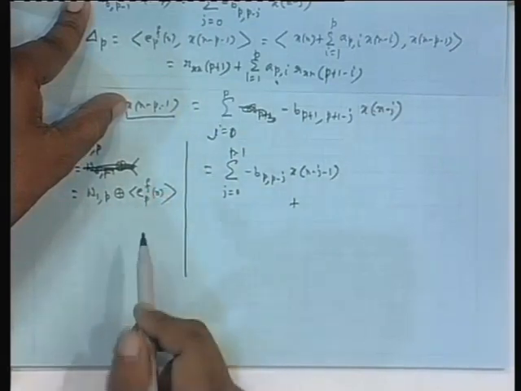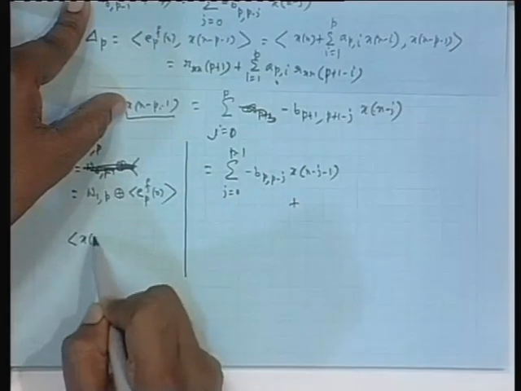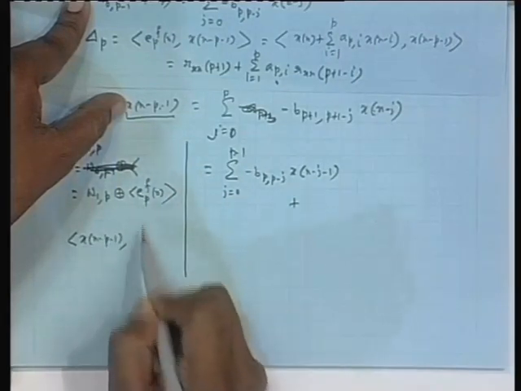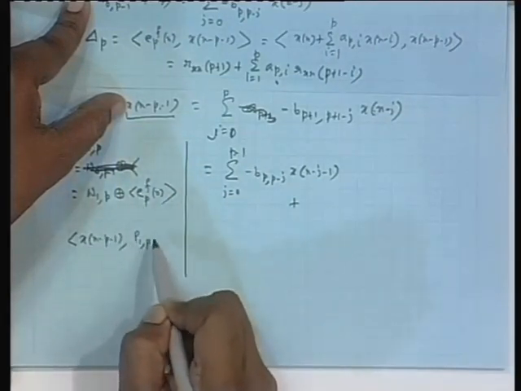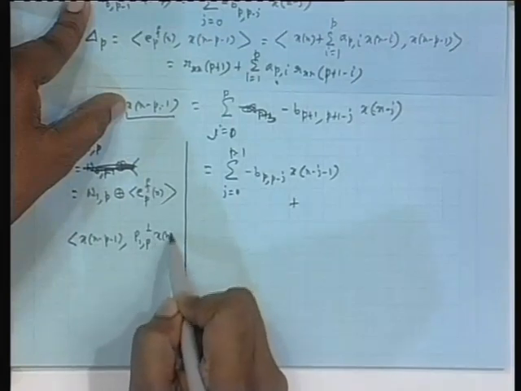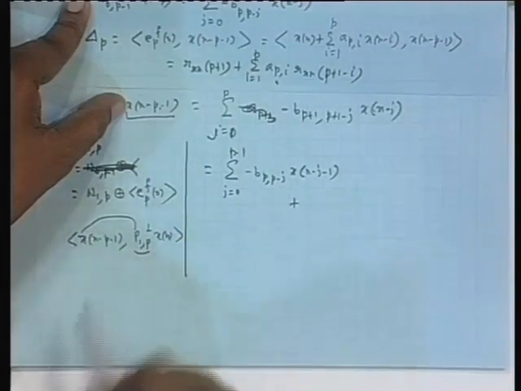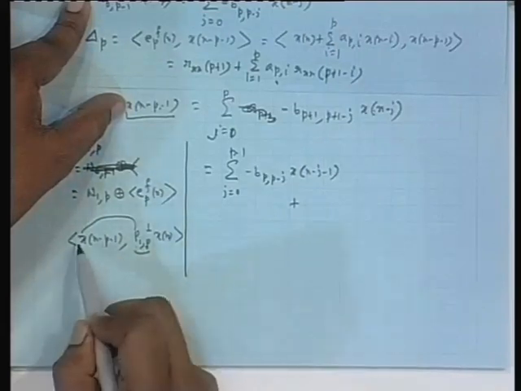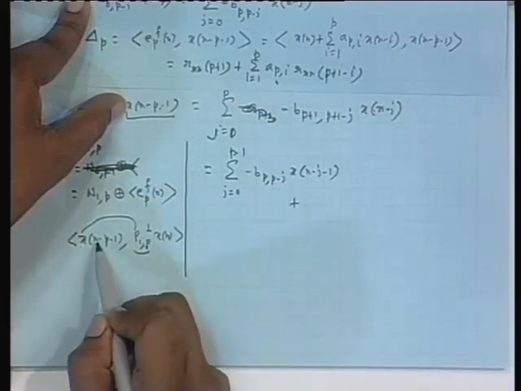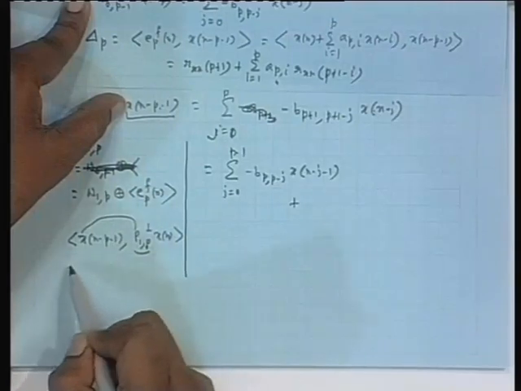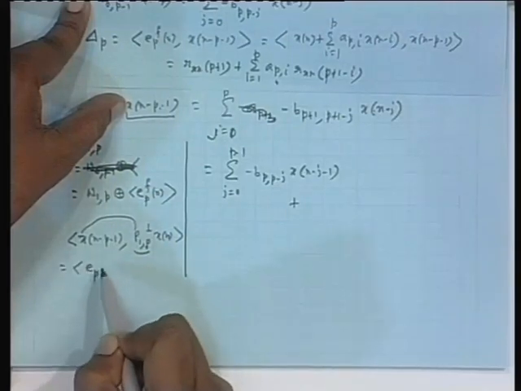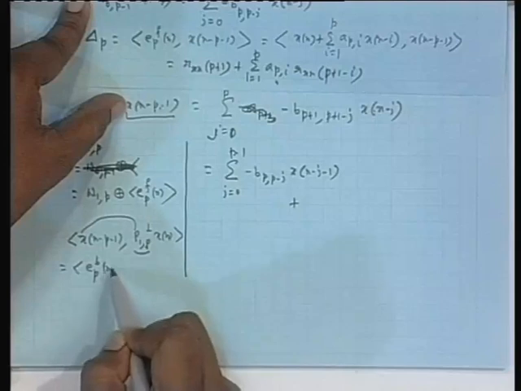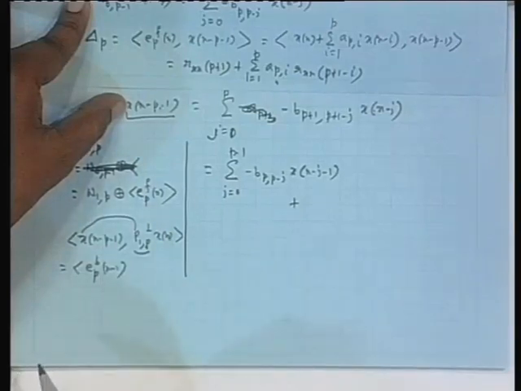Why delta p star? Inner product between these two quantities, EPFN. What is EPFN? P 1 p x n. Pull that here. You repeat it here, and again n minus 1 is n prime, immediately it becomes E p b n minus 1, isn't it?